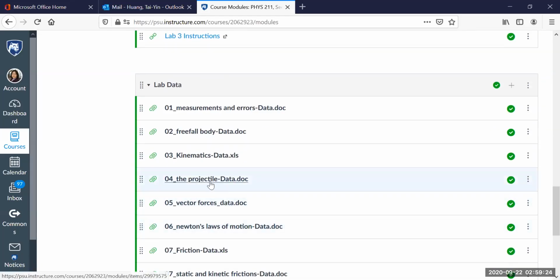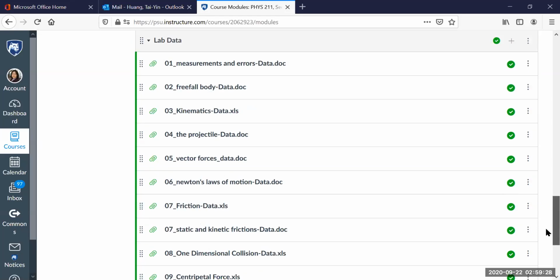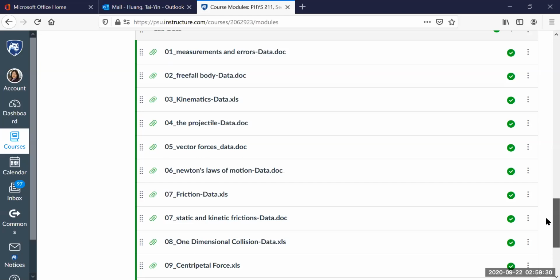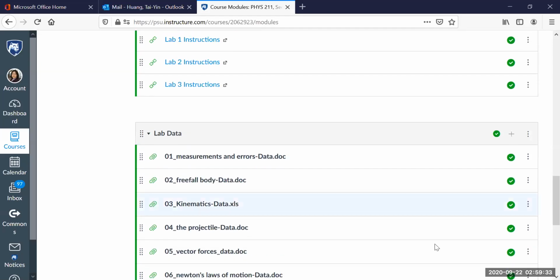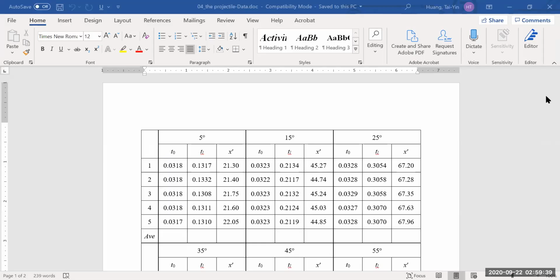You want to click on the lab for projectile data. Download that data to a desktop, to your computer, and work from there. What I'm going to show you is the data. Let's say I already opened up the data, downloaded to my computer. So these are the data.